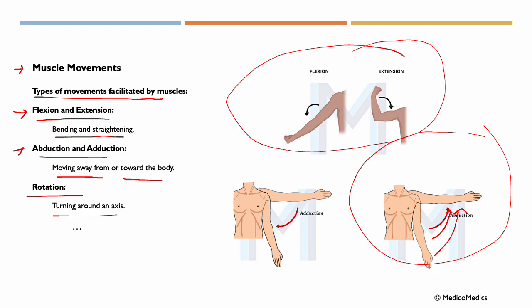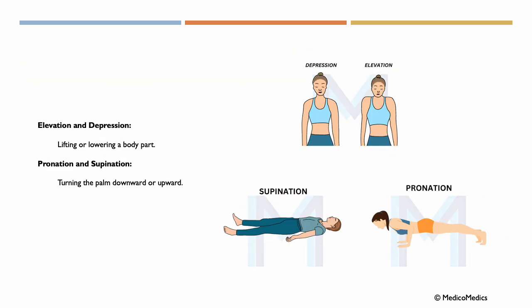If we're saying adduction, we mean you're pulling it closer to your body. Then we have elevation and depression, so lifting or lowering a body part. We have pronation and supination, so turning the palm downward or upward. Supination is upwards, pronation downwards.